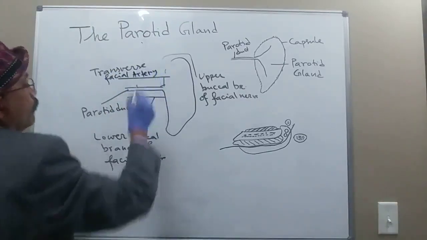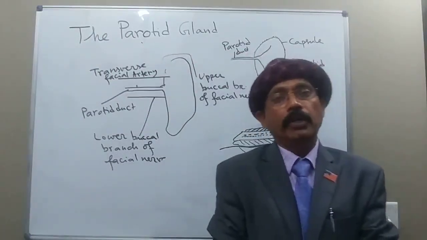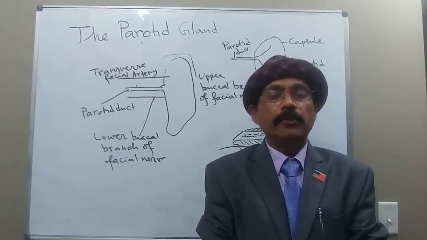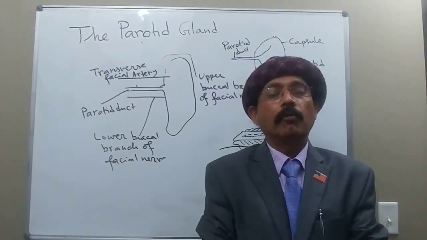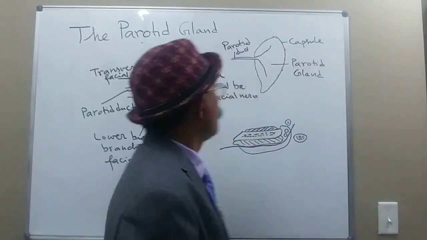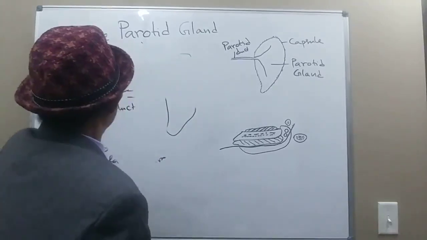So we'll summarize what structures are above the parotid duct: the upper buccal branch of the facial nerve, the transverse facial artery, and the accessory parotid gland and its duct. What structure is below the parotid duct? The lower buccal branch of the facial nerve. We got the relationships of the parotid duct.